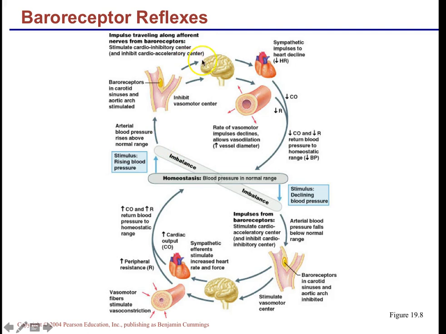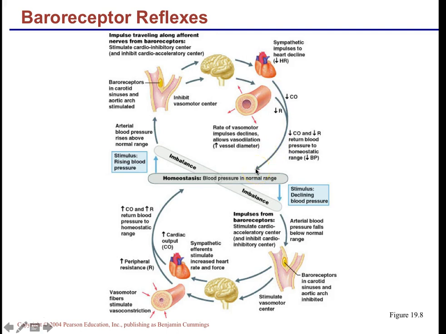All right, so this is a reflex. Again, this might speak to you. I explained it just a moment ago, but this can be another way of viewing it. This is supposed to be homeostatic. If the blood pressure rises, then you're going to try to get the opposite to happen.